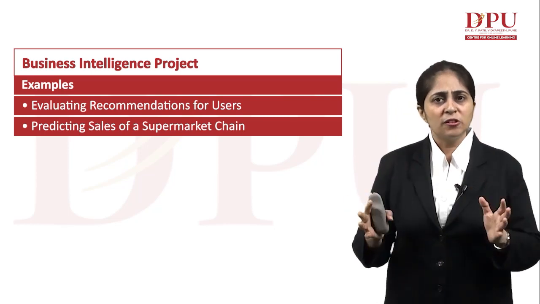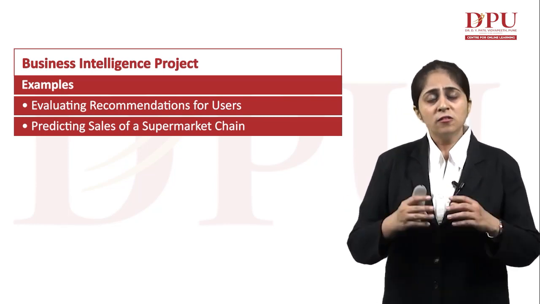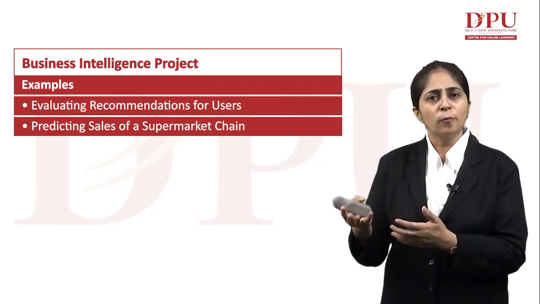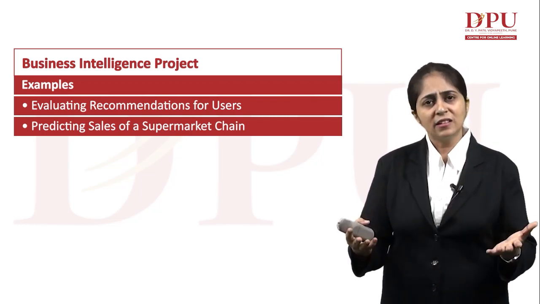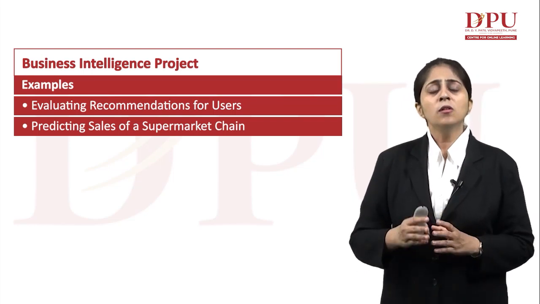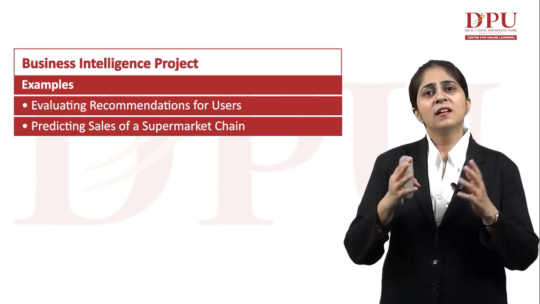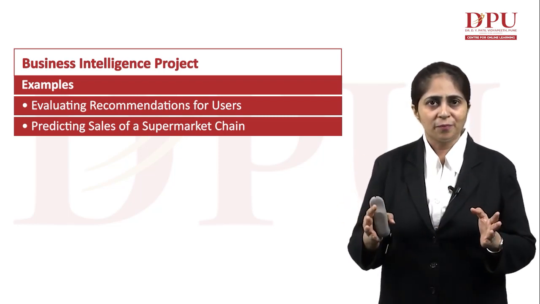If this information is analyzed properly, that supermarket chain can stock more products related to that and benefit a lot. So this business intelligence project can be built on predicting sales of a supermarket.